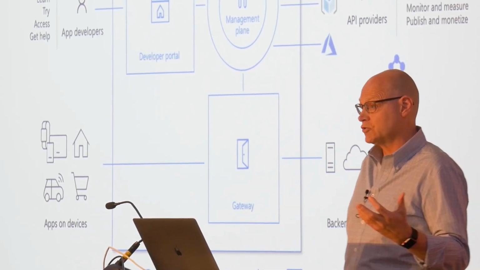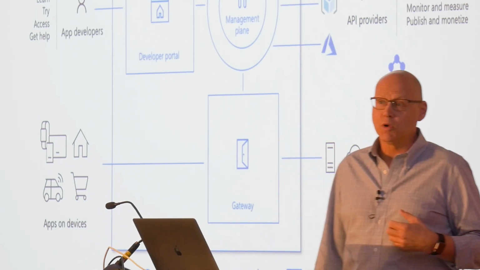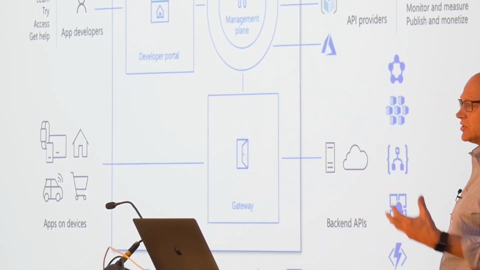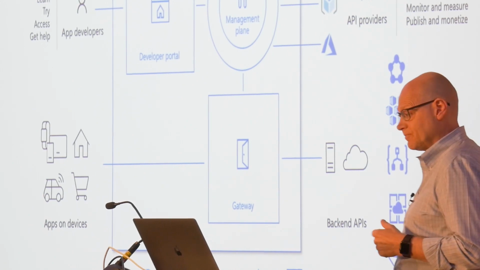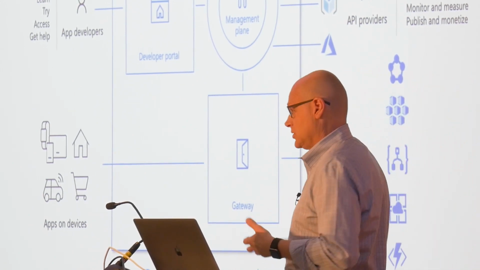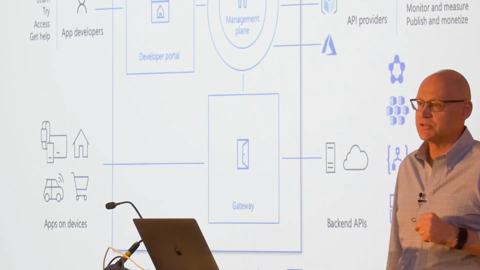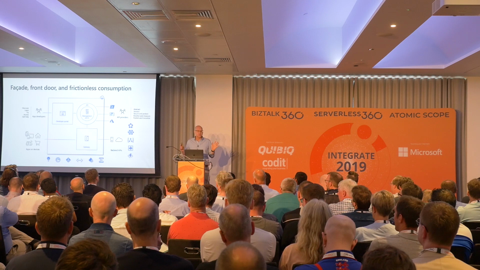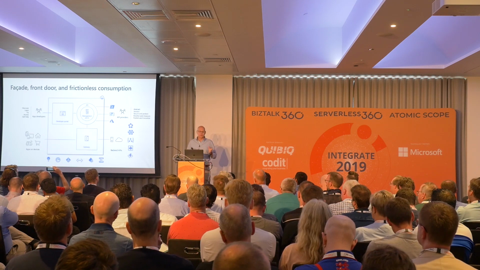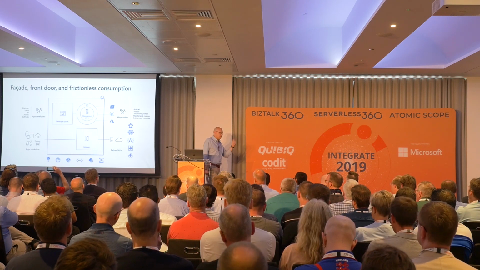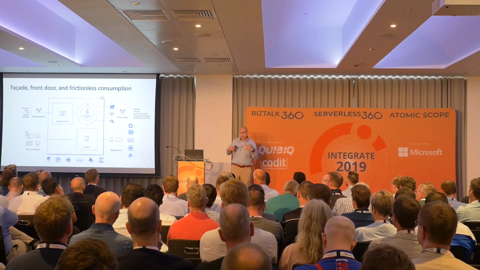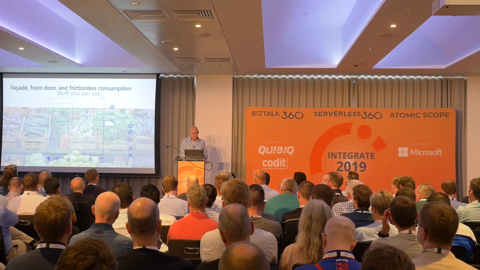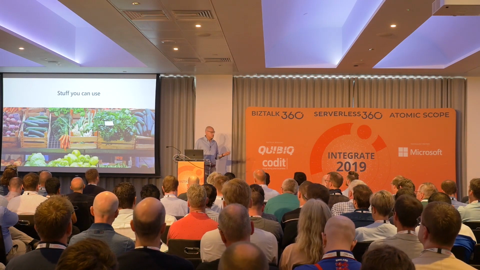We have integration with Azure AD, as well as with Event Hubs for custom analytics and generally asynchronously extracting data from the gateway. And we support essentially all of the compute services on Azure that are used to build APIs as well. So that's kind of a quick introduction, right? If you remember three things about API management, it's about facade, front door, and frictionless consumption of APIs by your app developers. With that, we're going to move on to stuff we recently released.